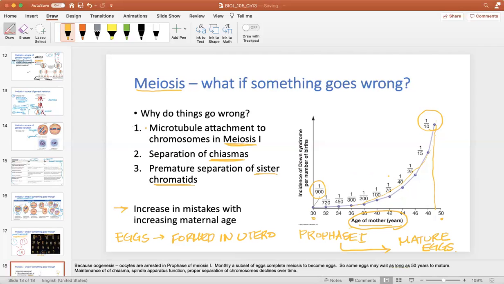So that means that if you are 48 or 50 years old, your eggs are also 48 or 50 years old. That means that the microtubules, your chromosomes, all of these features may have degraded over time, so that increases the opportunity for mistakes to happen. Now, we don't see this in males because they consistently create sperm all throughout their life, all right?